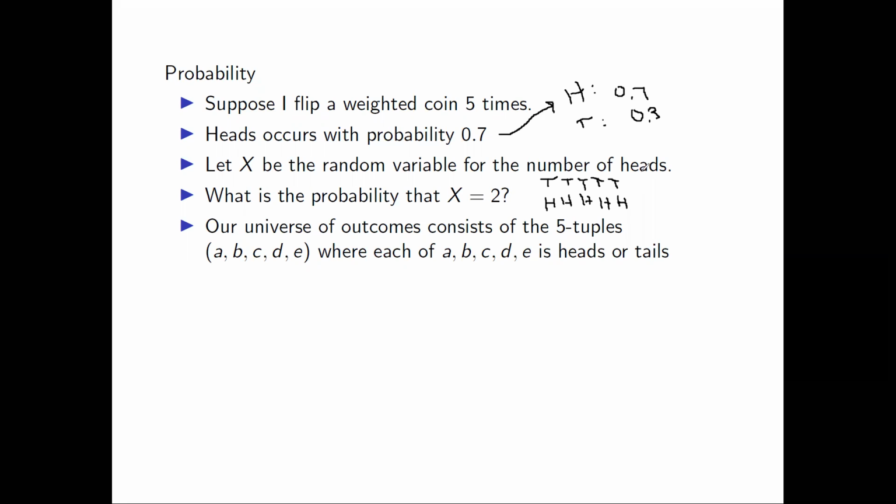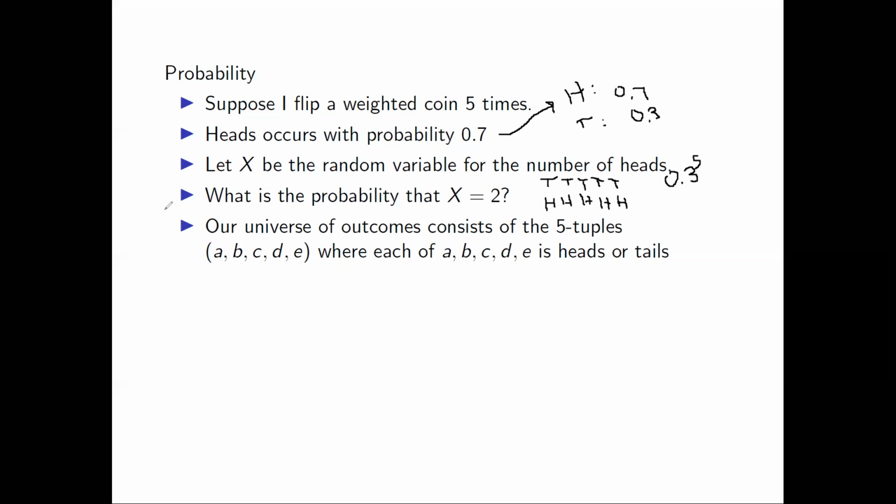So the probability of getting 5 tails, having them all be tails, each of these coin flips is independent of the others. Each of them is just a separate coin flip, no dependence on any of the other coin flips. So the probability of all of them being tails, it's going to be 0.3 to the fifth.